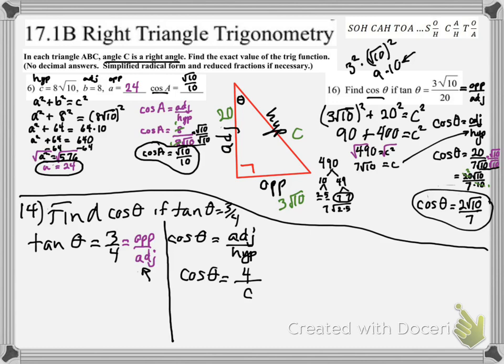So again, I'm going to think about my triangle. I haven't even drawn a triangle, but I know opposite squared plus adjacent squared equals hypotenuse squared.